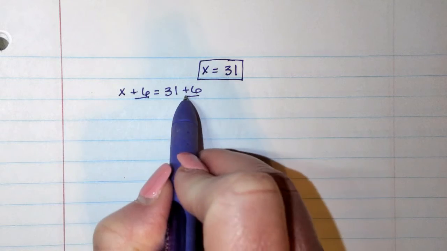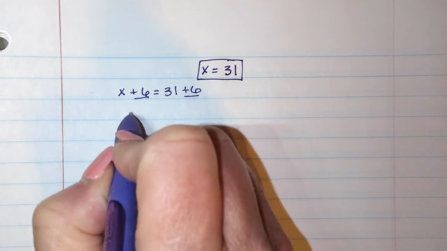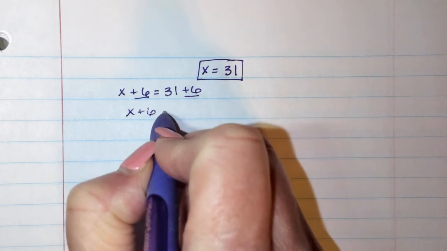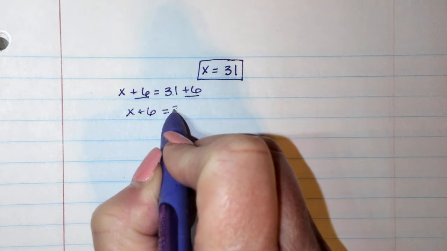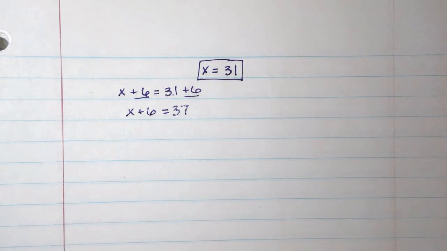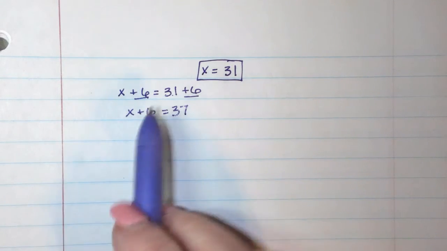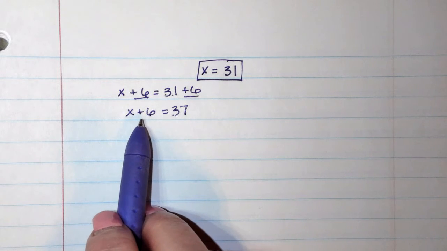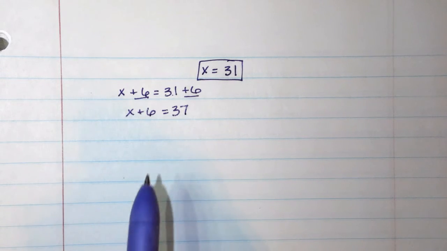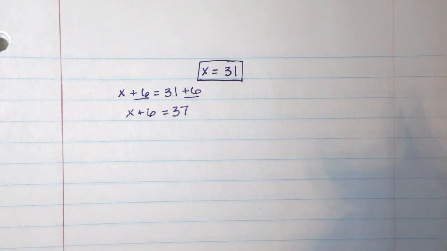I cannot add these together because they are not like terms. I can add these together because they are like terms. And now, just to double check myself, if I were to solve this equation, I would subtract 6 from both sides. X does equal 31.